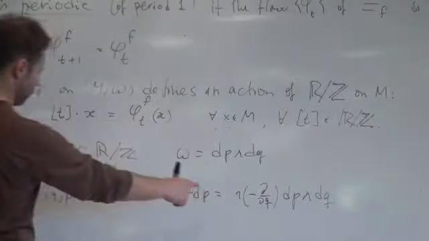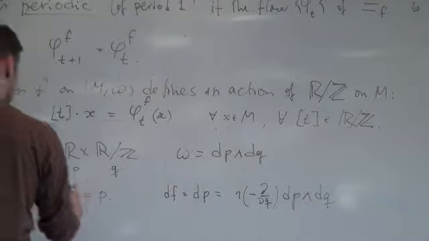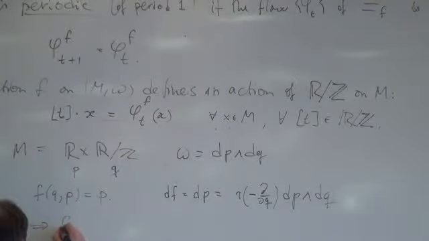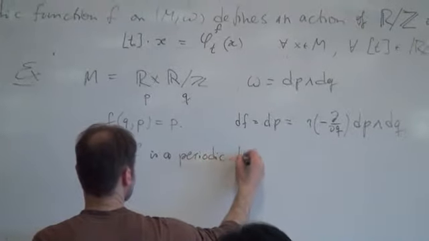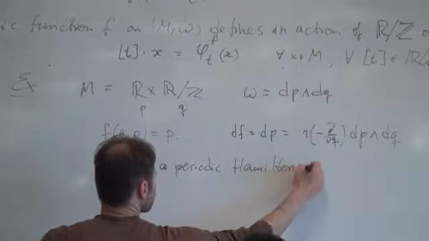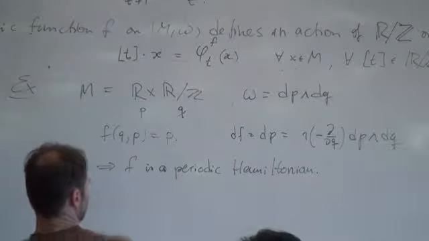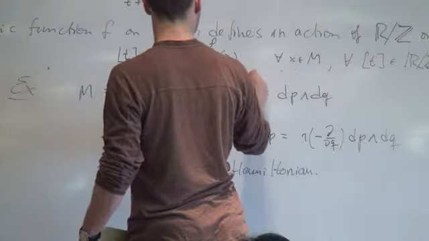And the flow of d/dq is a periodic flow of period 1. And I guess secretly this is the cotangent bundle of R mod Z.